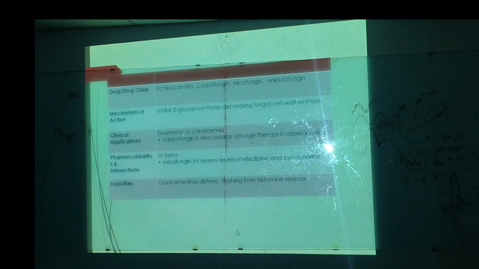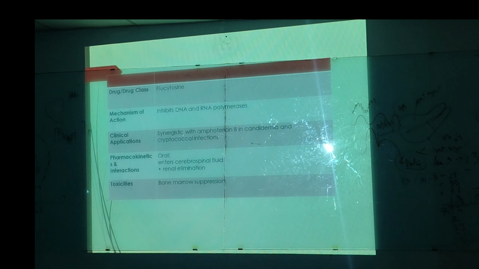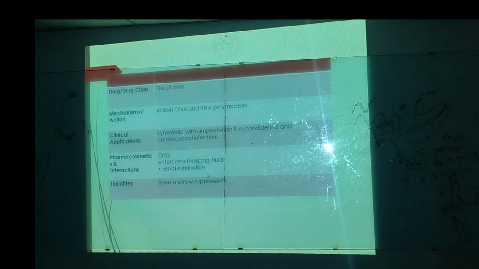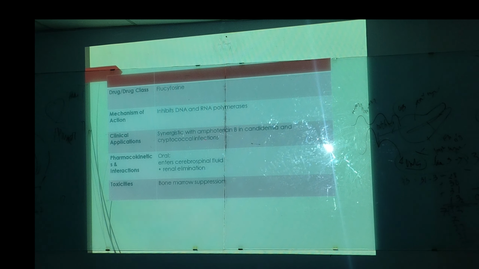Echinocandins, for salvage therapy in aspergillosis. Then your flucytosine can cause bone marrow suppression, and it is synergistic with amphotericin B. And which antifungal is contraindicated with amphotericin B?